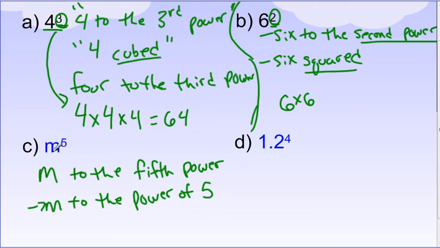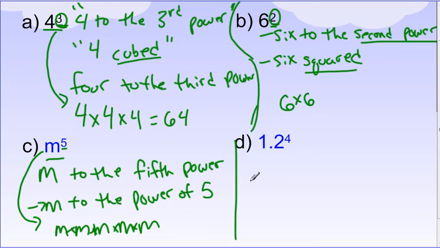Now, how would we write this in terms of math? Well, in terms of math, it would be 5 M's. So 1, 2, 3, 4, 5, and then we multiply them all. So M times M times M times M times M. M to the 5th power.